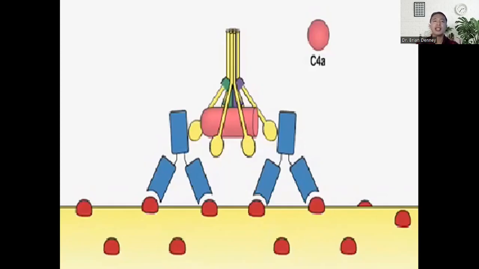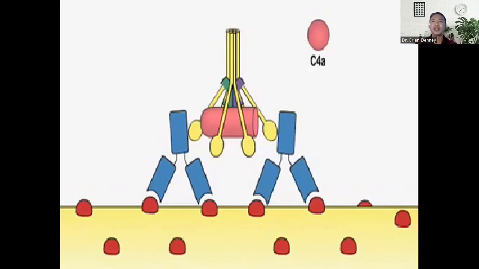C4A is considered an anaphylatoxin. An anaphylatoxin is a small molecule which binds to surface receptors of your mast cells and basophils, triggering degranulation and release of immune mediators or immune substances, and release of your histamine.